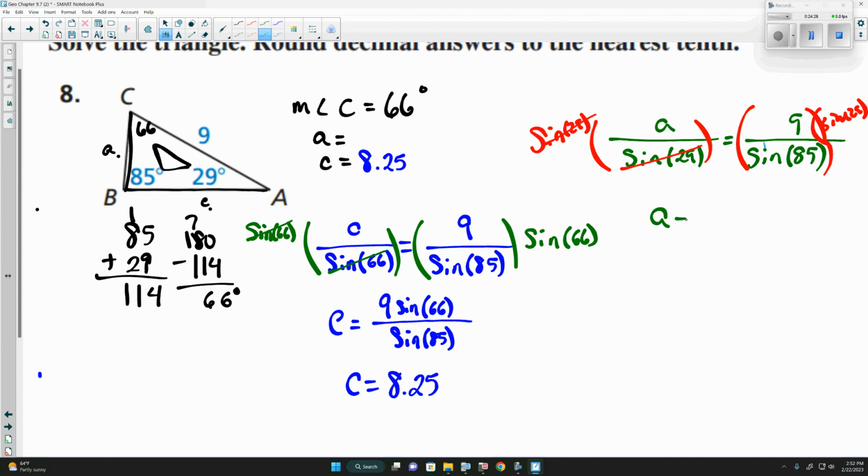And this A is equal to 9 sine of 29 over sine of 85. And again, at this point, we can plug that whole thing into the calculator. So we can say 4.38, we can say 4.4, either one will work.